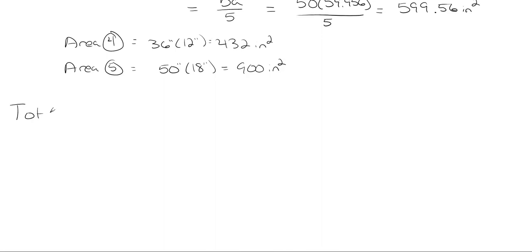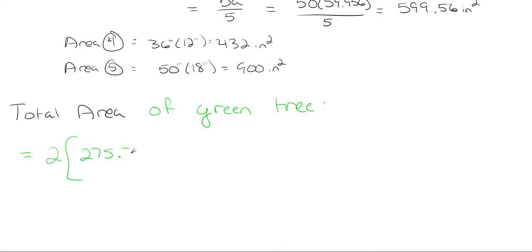So the total area of the green tree will be equal to 2 times all these areas added together: 275.76 plus 311.724 plus 599.56 plus 432, and then finally plus 900.